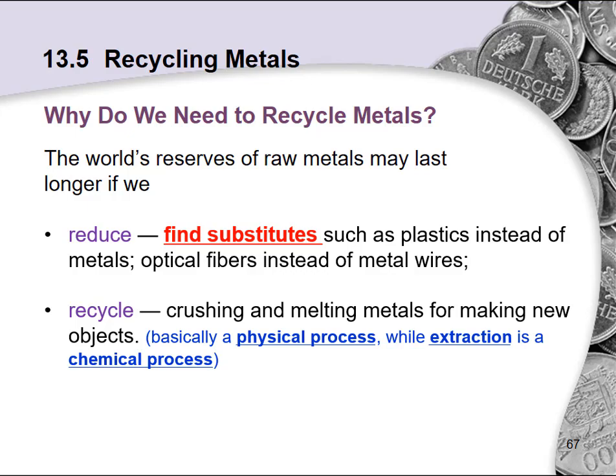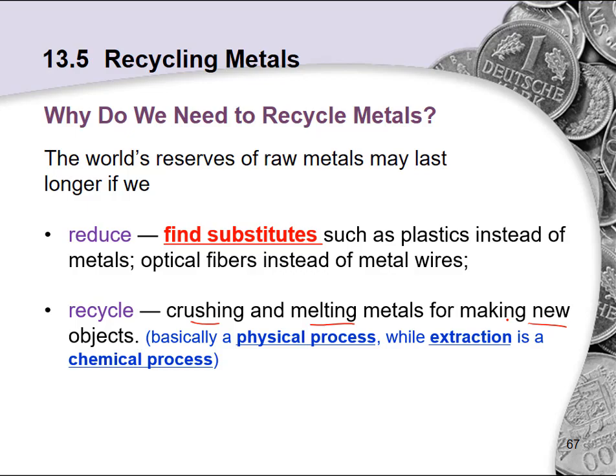Now recycling. Recycling refers to a physical process. Refers to crushing. Okay, you melt the metals for making new objects. Now, an old object, for example, the iron you use to make car bodies and so on. When the car expired, the car spoiled, is put in the trash and so on. You remove all the metal parts from the car.